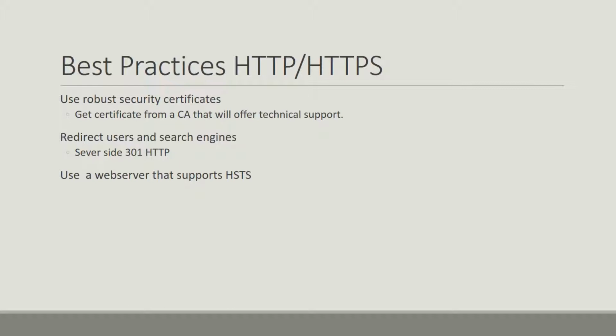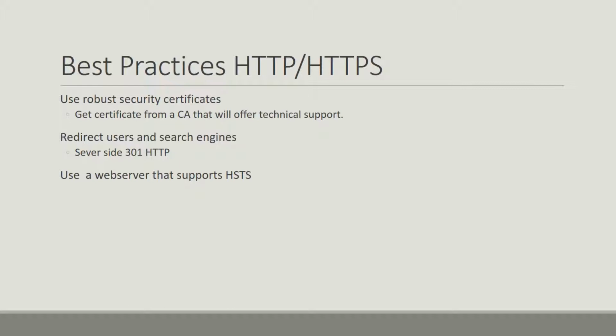You need to get a certificate from a CA that offers technical support. You need to decide the kind of certificate to get: a single certificate for a single secure origin, a wildcard certificate for multiple secure origins, or a multi-domain certificate for multiple well-known secure origins.